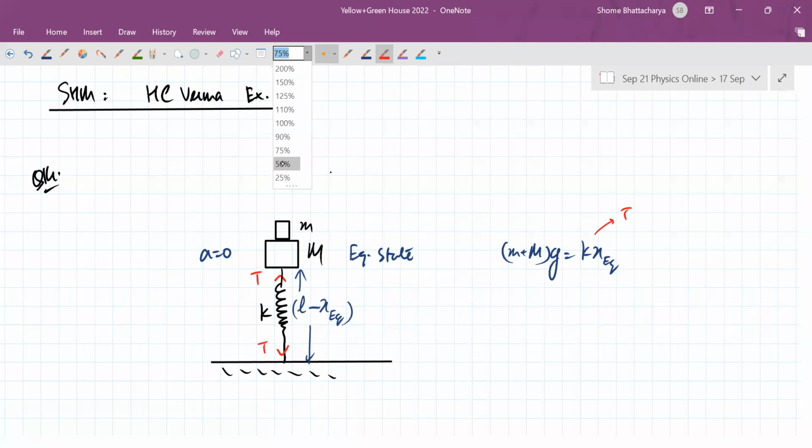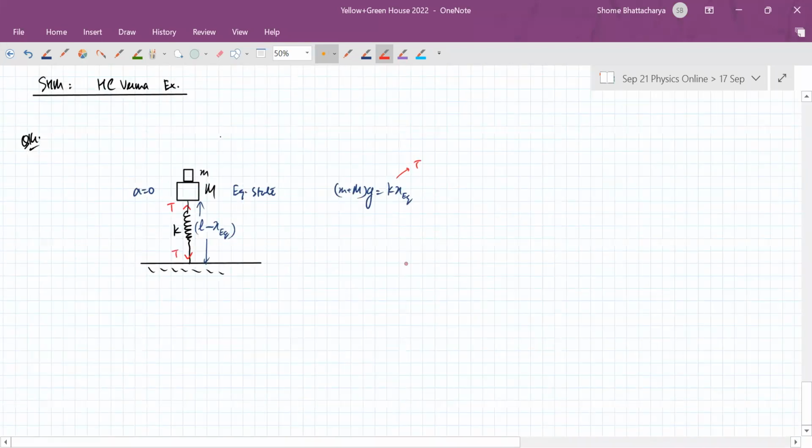So now the question is saying that as it is oscillating, at some time when you are above the equilibrium position through a distance x, at a position like this, what is the net force on this block? So right now, what will be the state of the spring?